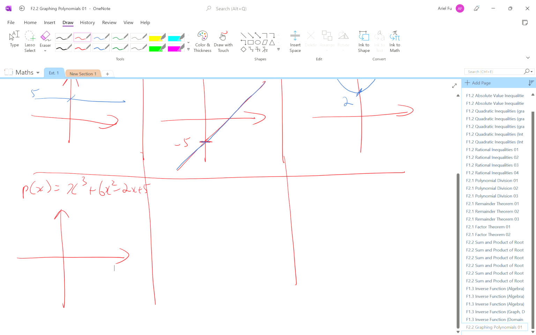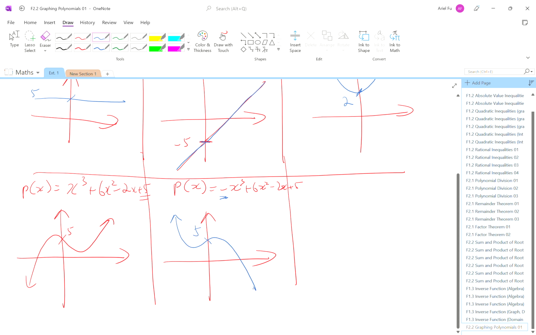If you have an x to the power of 3, you're going to end up with something like that. The only thing I know for sure is the y-intercept is at 5. You might get p of x equals negative x cubed plus 6x squared minus 2x plus 5, same thing, but this time it's negative. If it's negative, it's going to go the other way. The only thing I know for sure is this is 5.